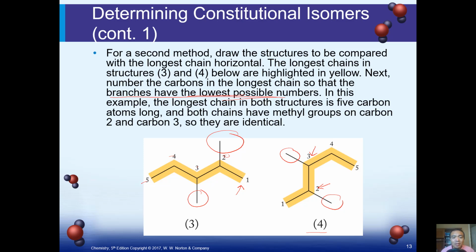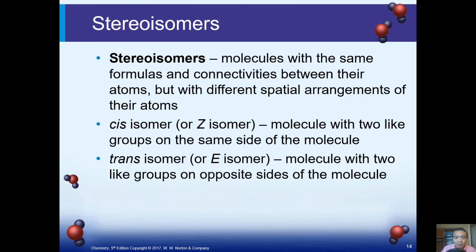Now we're going to go on and talk about the second type of isomers, which is called stereoisomers. Stereoisomers, of course, are isomers, so they also have the same formulas. But do remember, the connectivities are also the same.